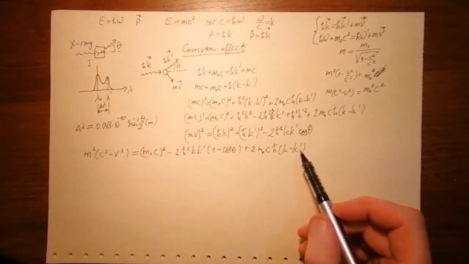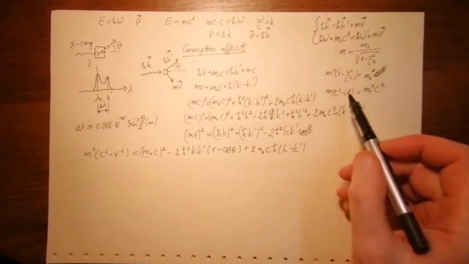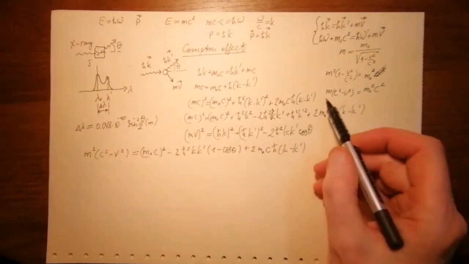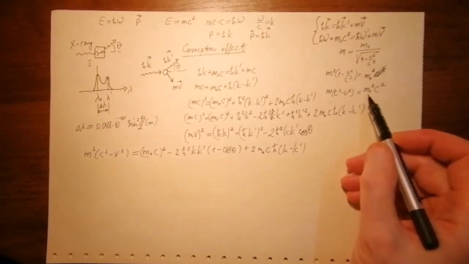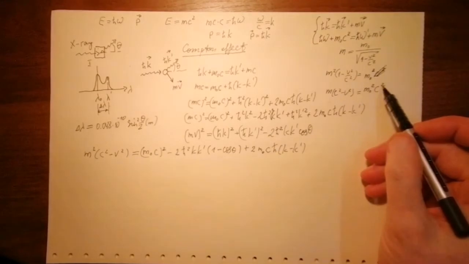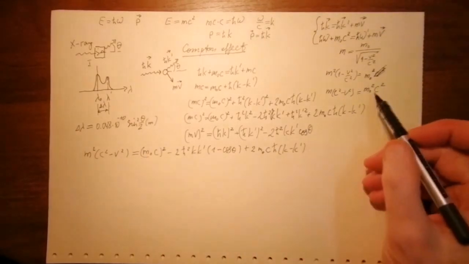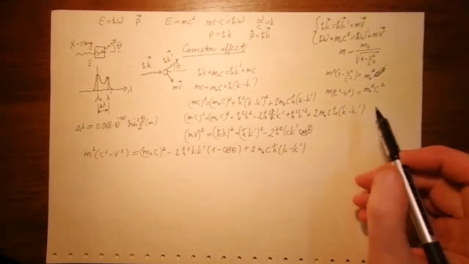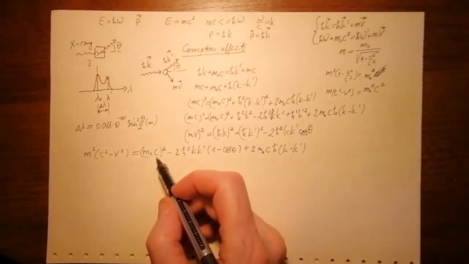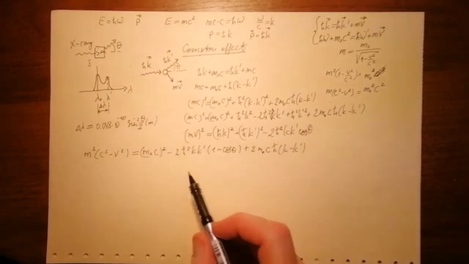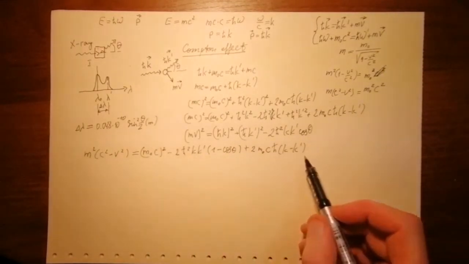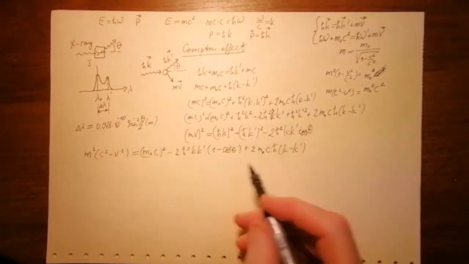Now, if we compare this and this equation, we see that this left part is equal to m0 squared c squared. So this left part is equal to this, so the right part is equal to this also. Then we can cancel this and this m0 c squared. Let's rewrite it.